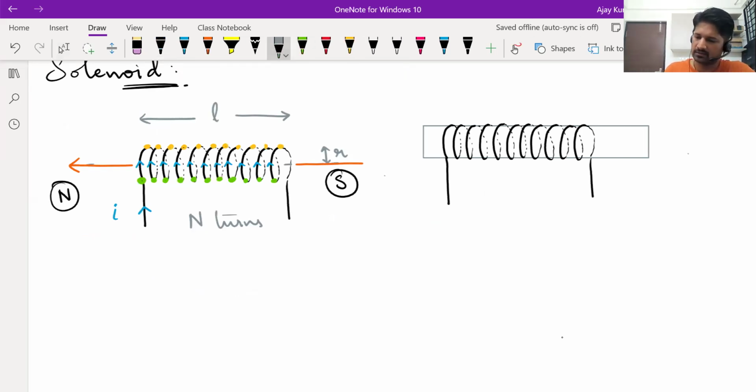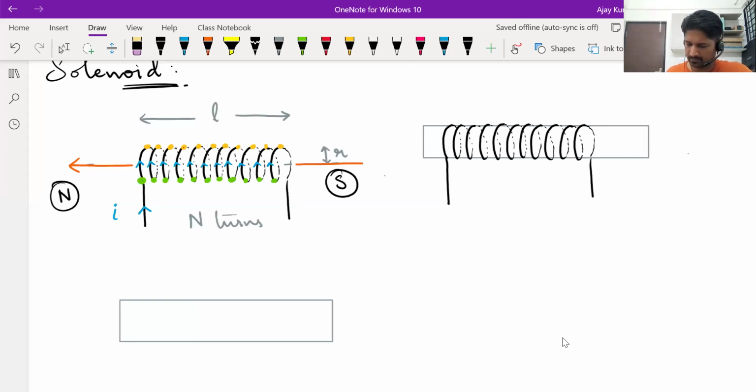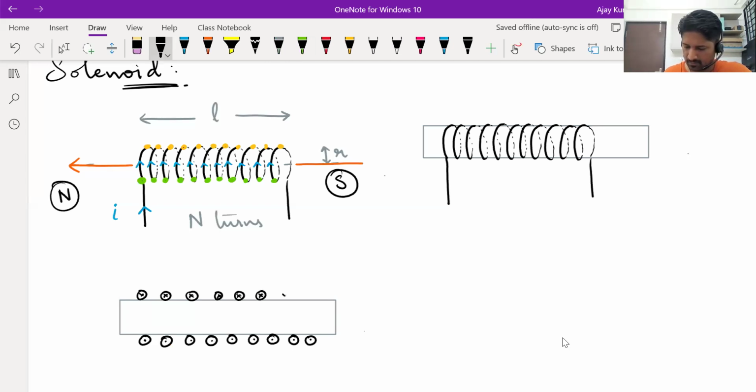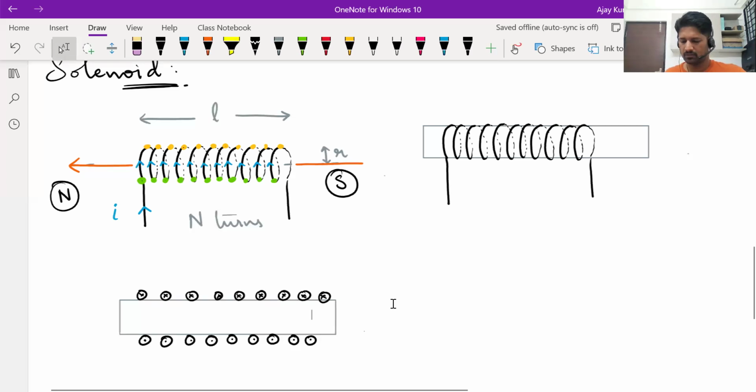They do something like this. Without showing those turns, the points where the current is flowing out of your screen, they mark them with dots in a circle. And the points where current flows into the screen are marked like this. So this is another way to denote a solenoid.